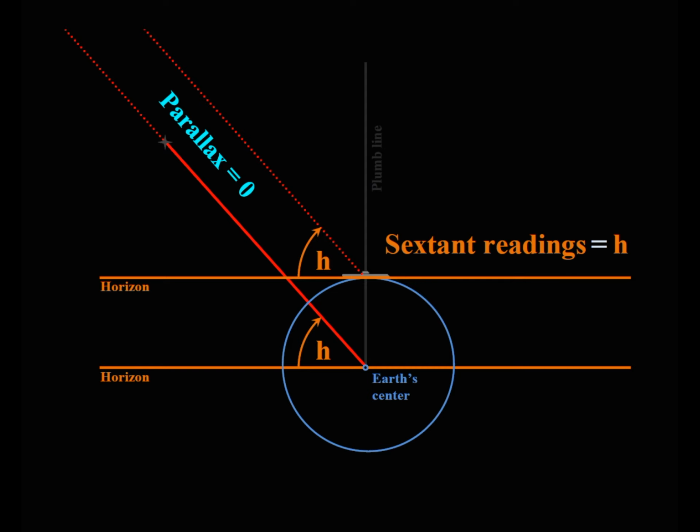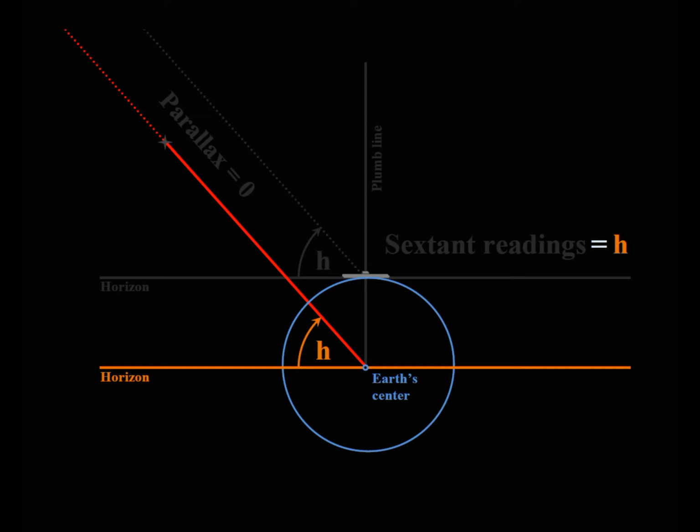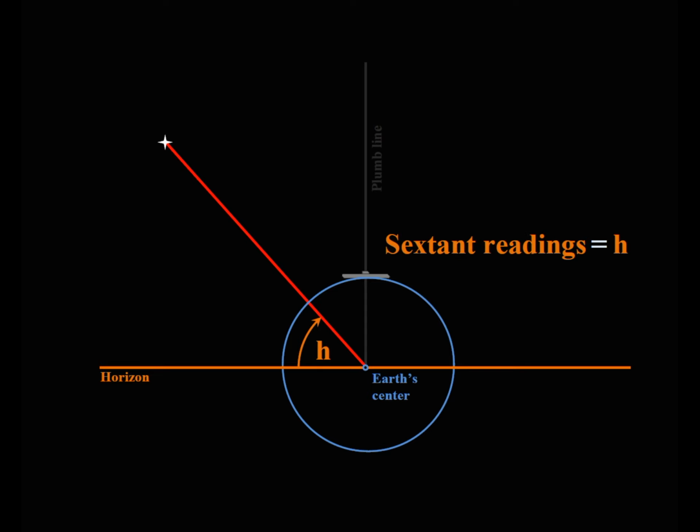Since the sextant readings in SH5 do not need correction, we will directly draw the measured altitude relative to the center of the Earth. The zenith distance should also be drawn relative to the center of the Earth.